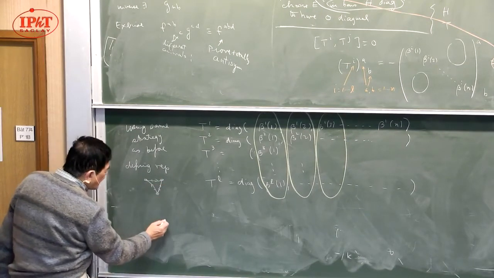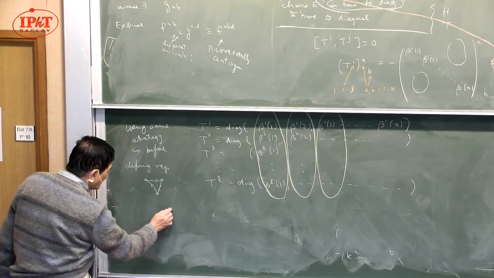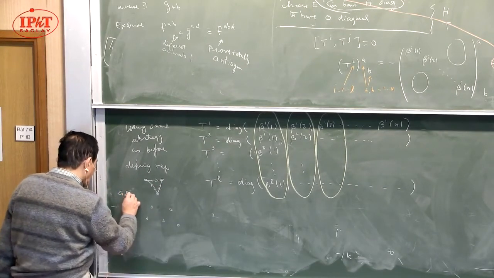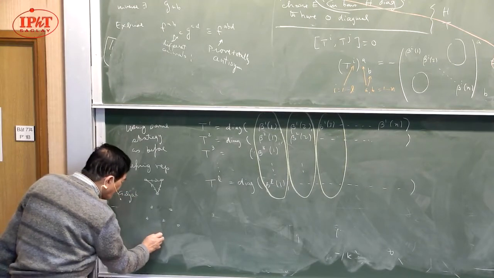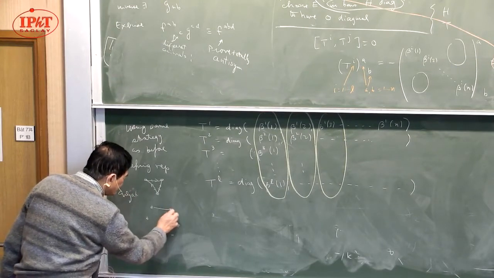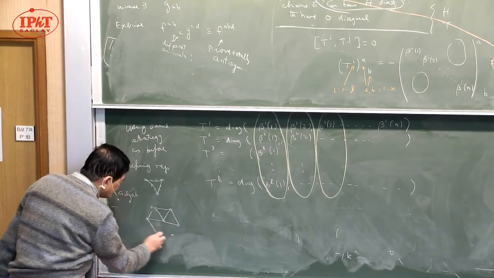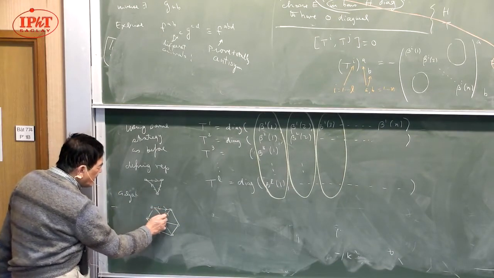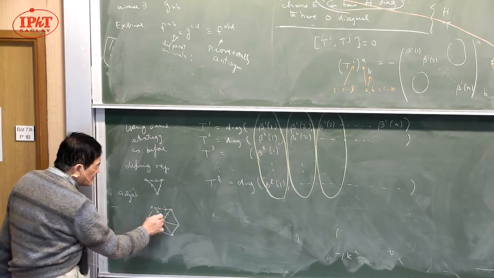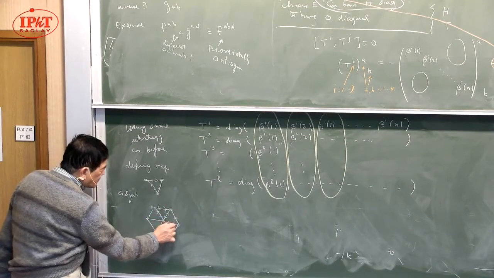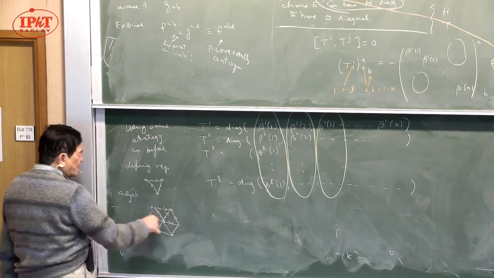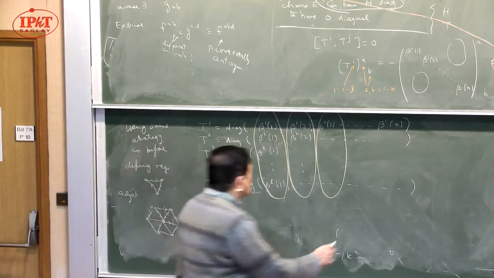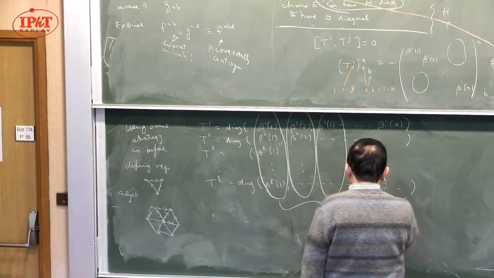But here we're doing the adjoint representation. So you can see that these vectors are already the root vectors, because they just connect the origin in all possible ways. Okay? So there are n of them.